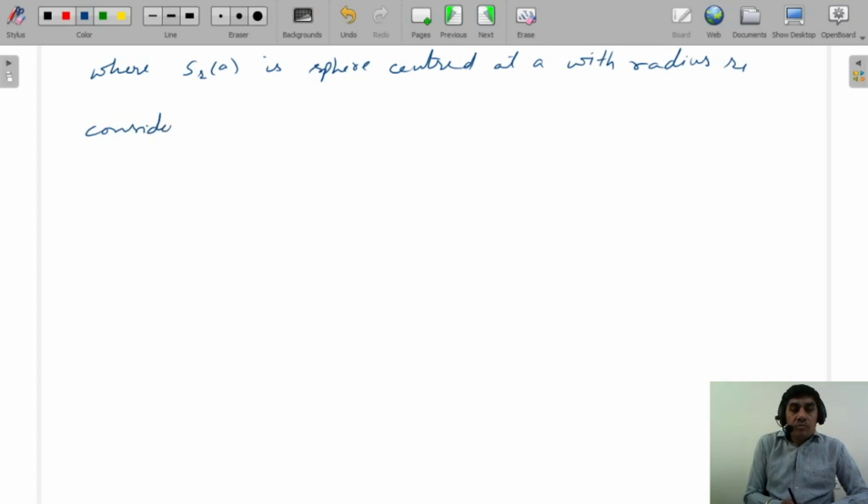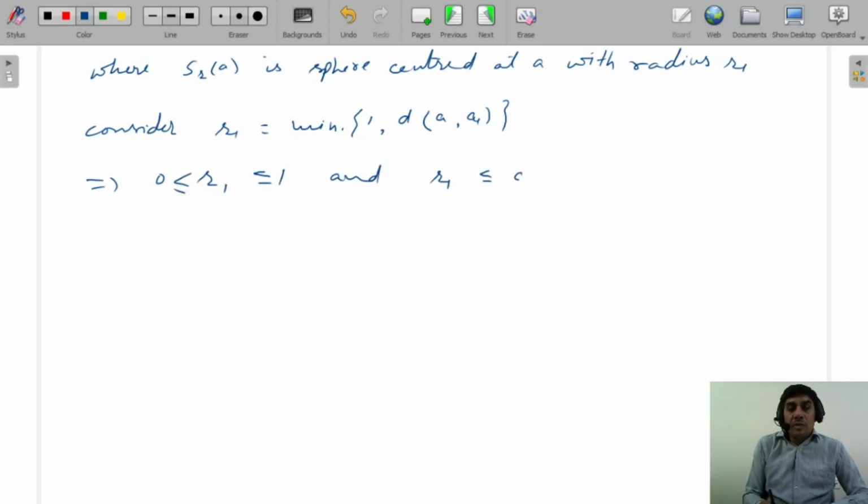Consider r1 equal to the minimum of 1 and the distance between a and a1. This implies r1 is greater than 0, less than or equal to 1, and r1 is less than or equal to the distance between a and a1. This implies a1 does not belong to the sphere centered at a with radius r1.